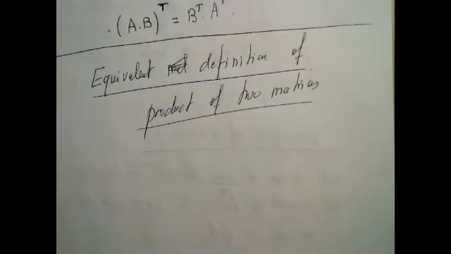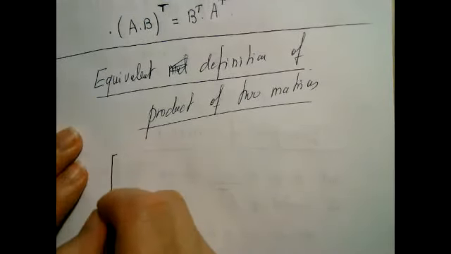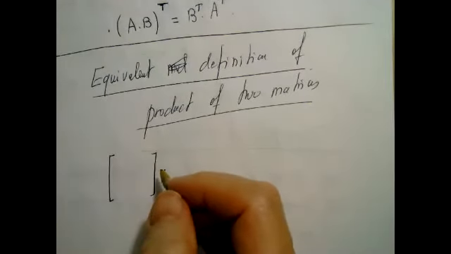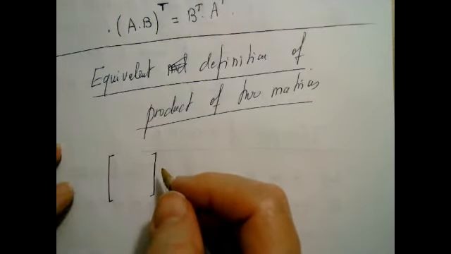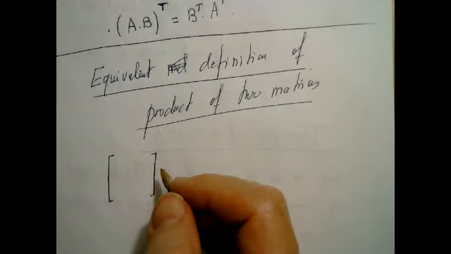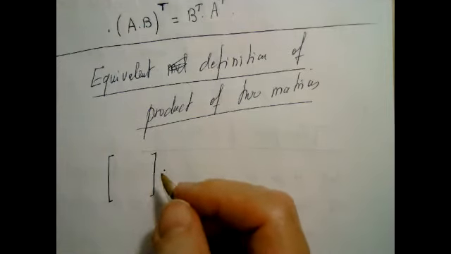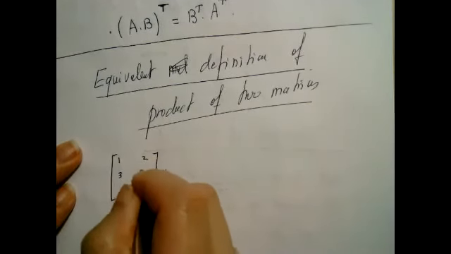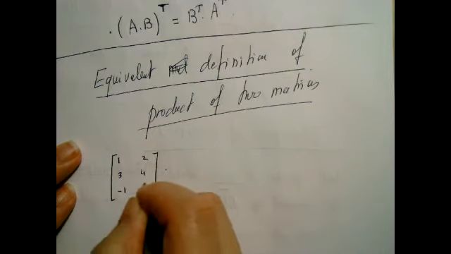So I'm going to go back to a matrix A, and I'm going to multiply it by another matrix B. But this time there is something I'm going to emphasize. Suppose this is my matrix A: 1, 2, 3, 4, minus 1, 2.